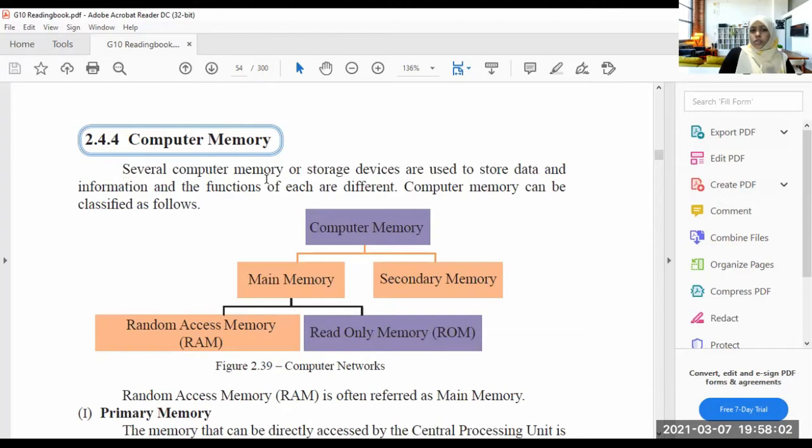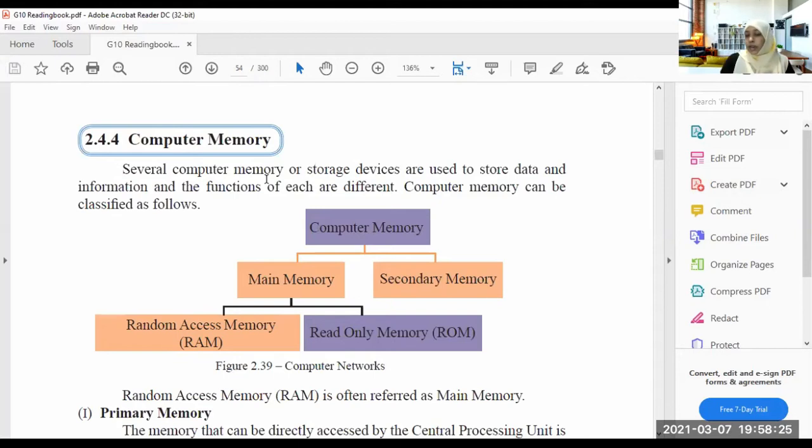So why are we using these memory devices? We use computer memories to store our data and information. Whatever data and information is in our computer, we should store it somewhere, right?